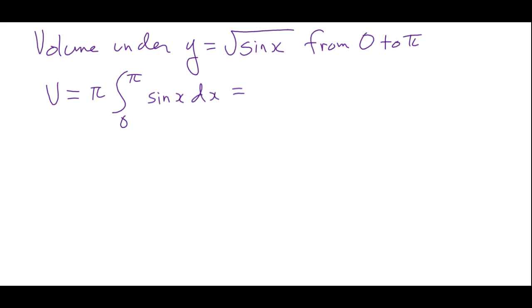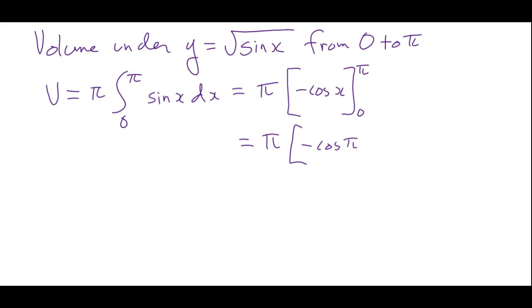So what do we have? We've got pi. What's the integral of sine x? Minus cos x, evaluated from 0 to pi. So it'll be pi times minus cos pi plus cos 0.